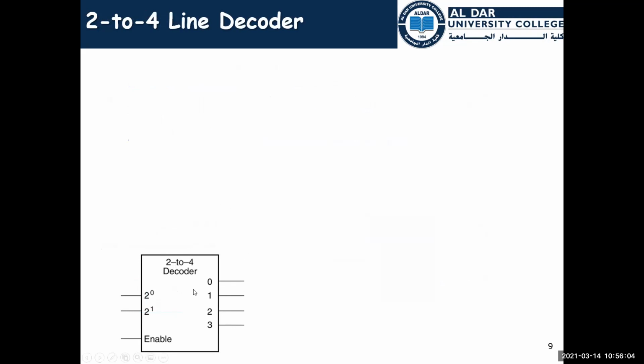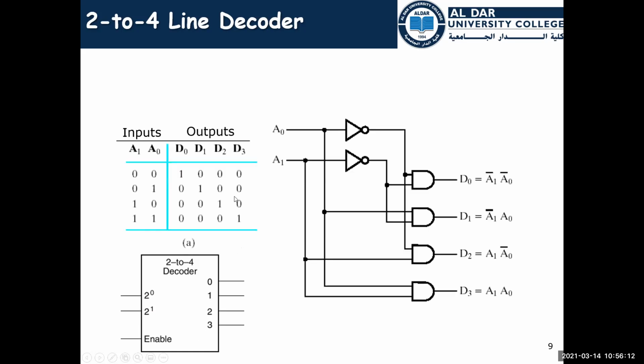How to implement its logic? The logic circuit. I want to know the shape of the logic circuit. I have to check the truth table, and accordingly, D0 is equal to 1 only at A1, A0 equal to 00.